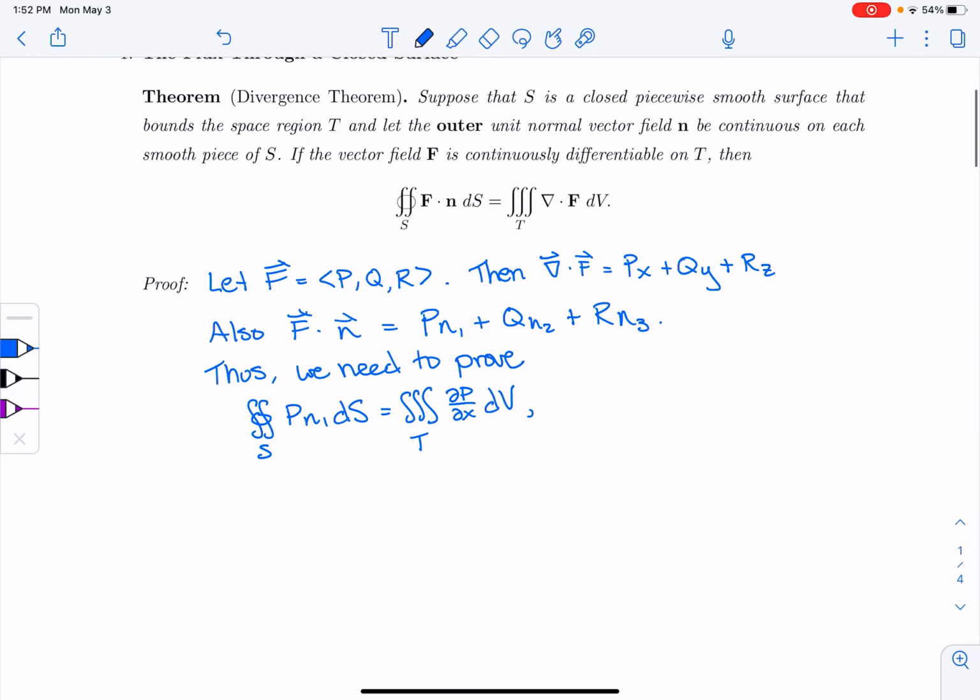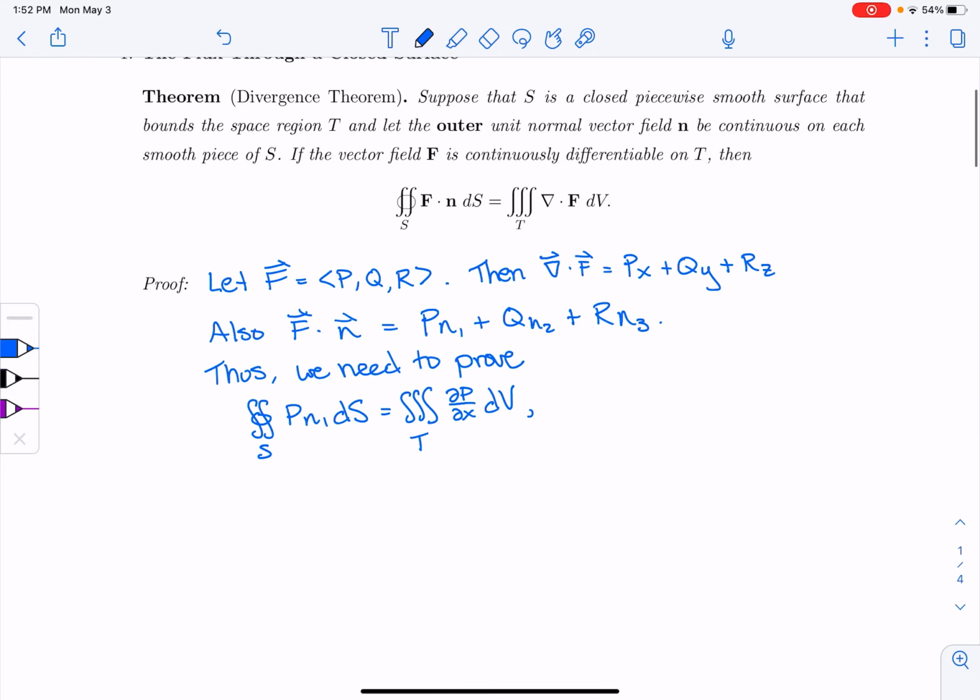Okay? So what we're going to do is I'm going to draw a curve like this. And then another curve down here. And then a curve at the bottom. So I'm going to make a three-dimensional closed surface.